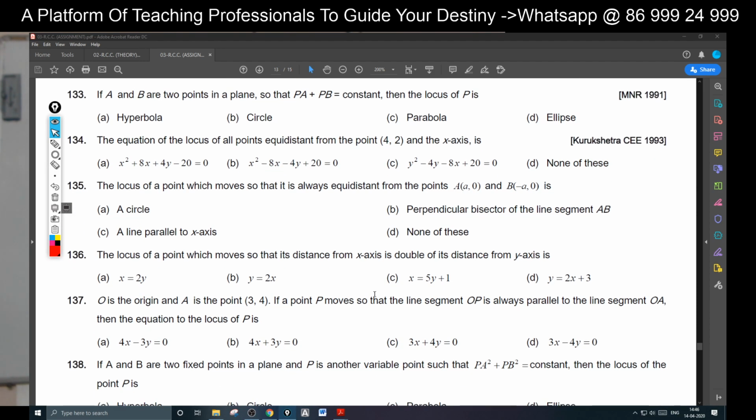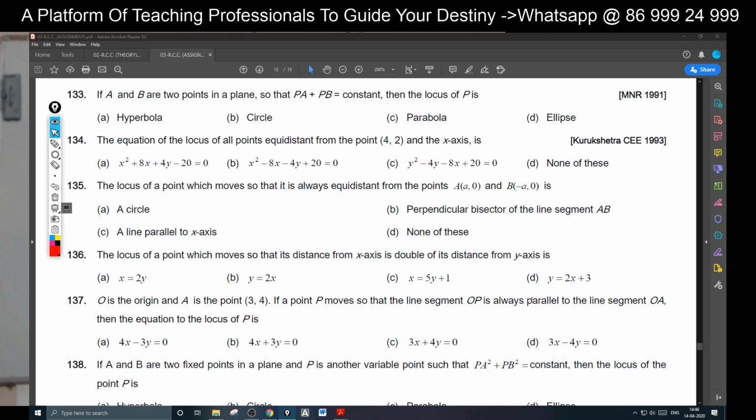Question number 133. Arun, is the question clear to you? Arun, are you able to see the question? And Babu sir, we are just discussing the basics of locus here.